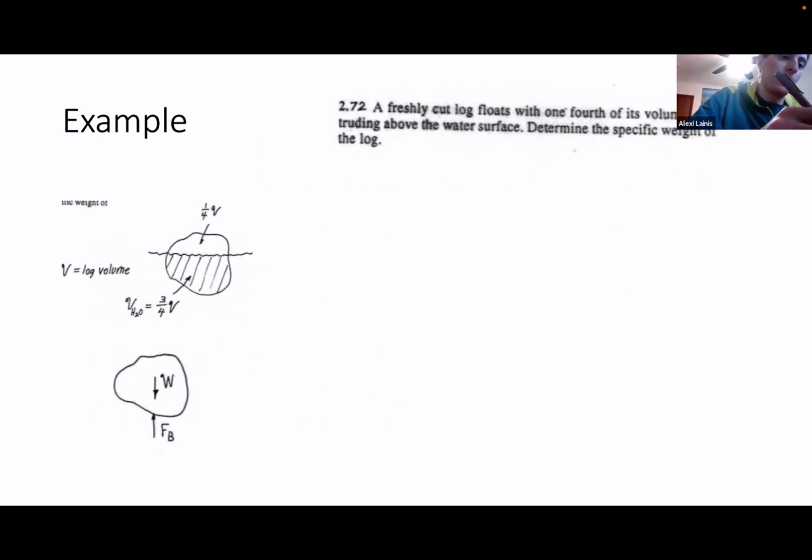We can do a sum of forces in the y direction, which is going to be negative weight plus force buoyancy. So we can say that the force buoyancy is going to equal the weight.